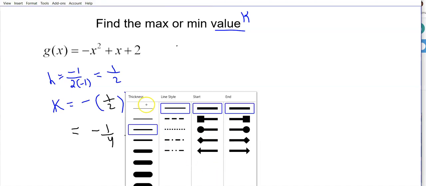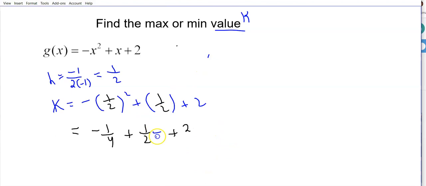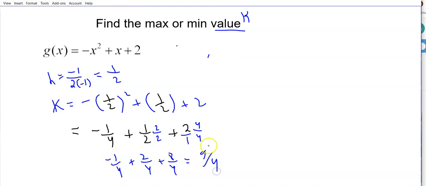Let's get the same denominator so we can add these up. This will be 2 over 2, this would be 4 over 4. So I get -1/4 plus 2/4 plus 8/4, which is 10/4 minus 1/4, is 9/4. So 9/4 is the min or max.